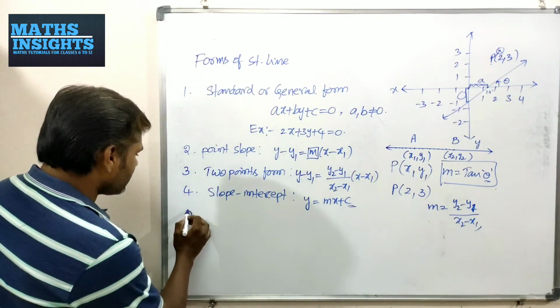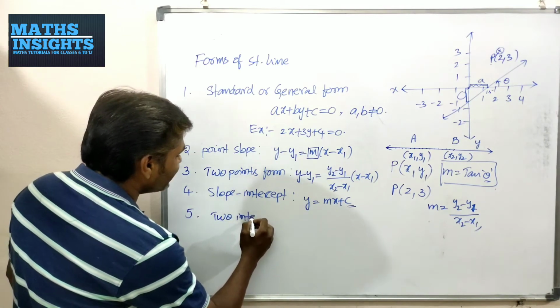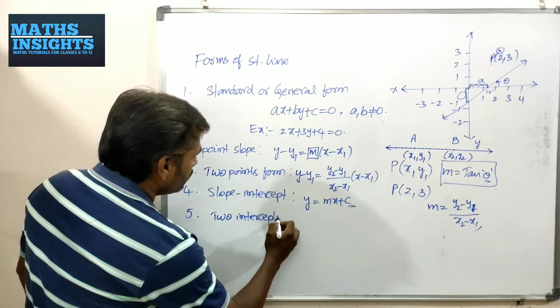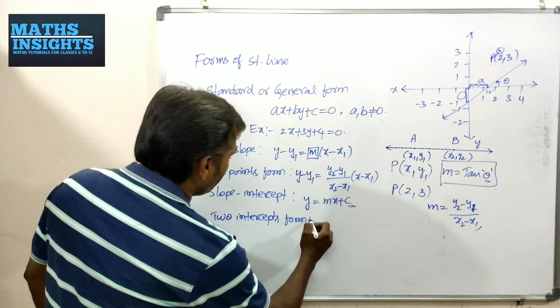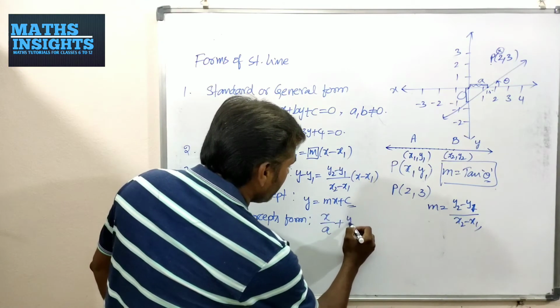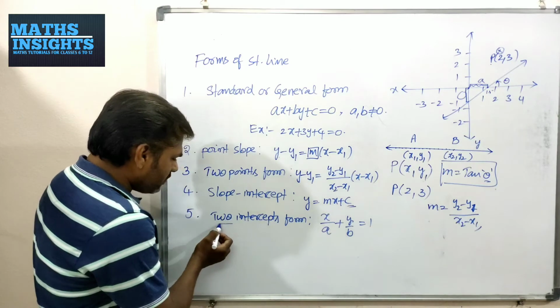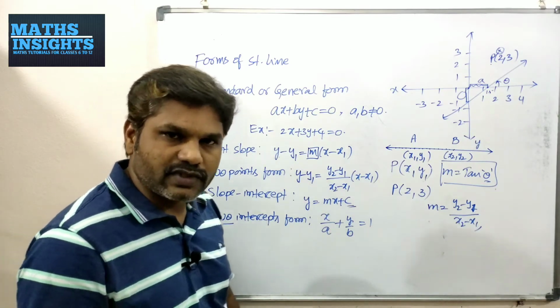Next one is fifth one, two intercepts form. That is x by a plus y by b is equals to 1. Here the name itself says two intercepts.